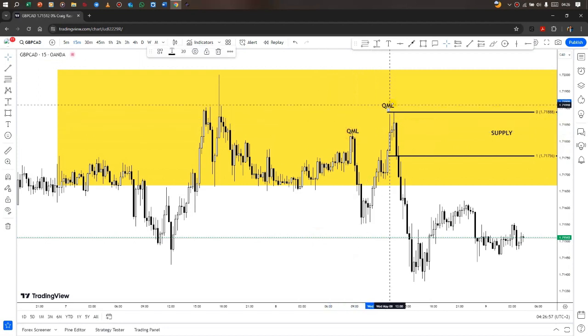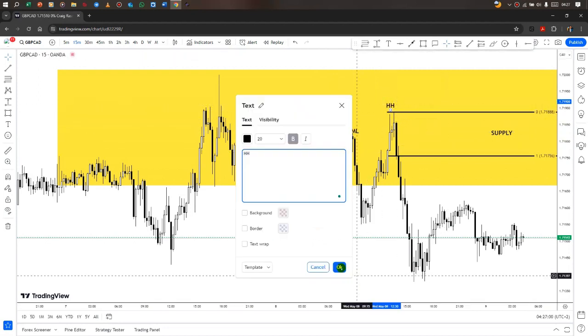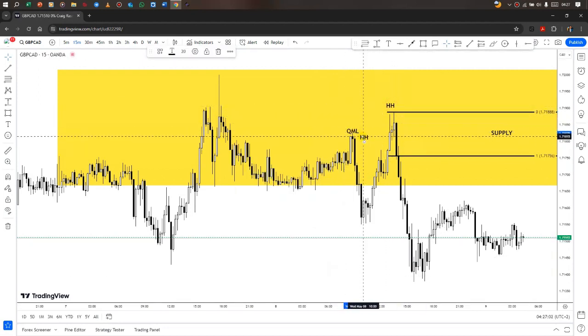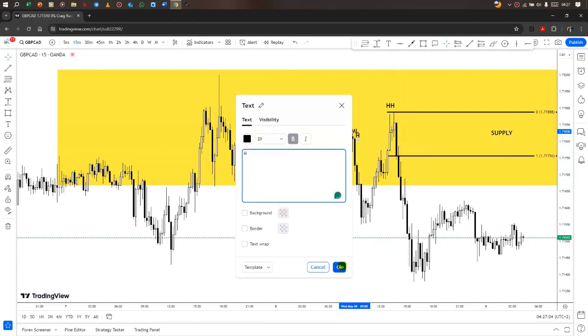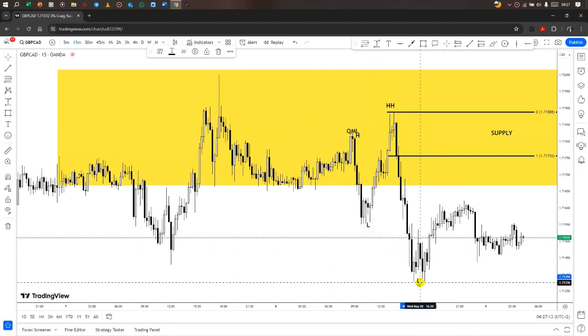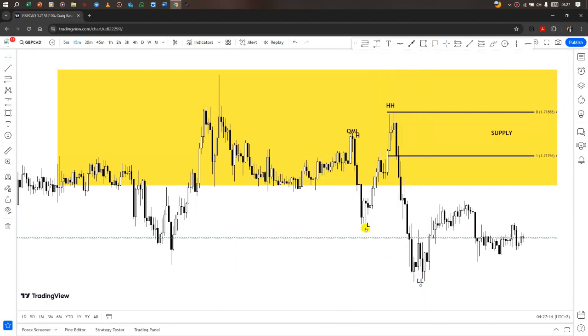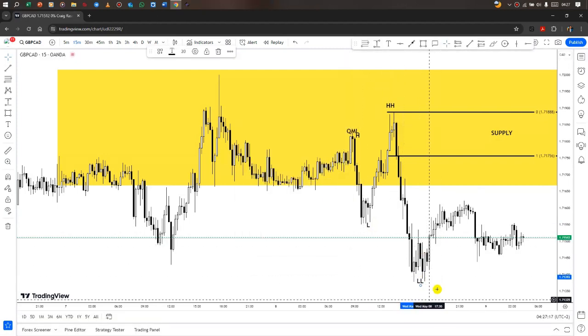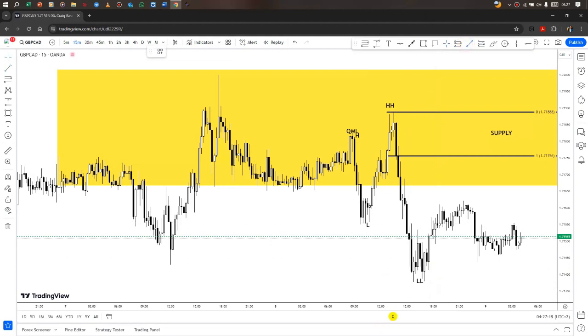We have our higher high, we have our high here, our low, then this is our lower low. As you can see, the price already formed the compression here during the approach of our zone.